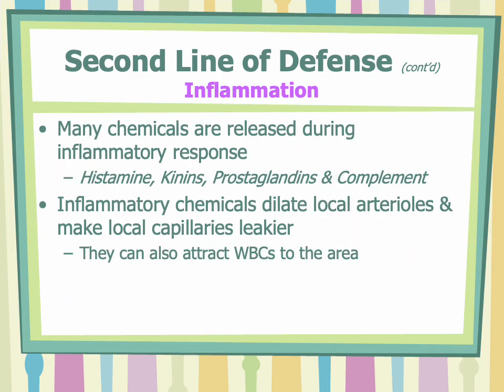So many chemicals are involved in the inflammation process. We have histamine, we are very familiar with it. Kinins basically recruit other proteins to an inflammation process. Prostaglandins and complement either destroy those invaders or produce the inflammation process and maybe pain. Inflammatory chemicals also dilate the local arterioles and make local capillaries leakier.